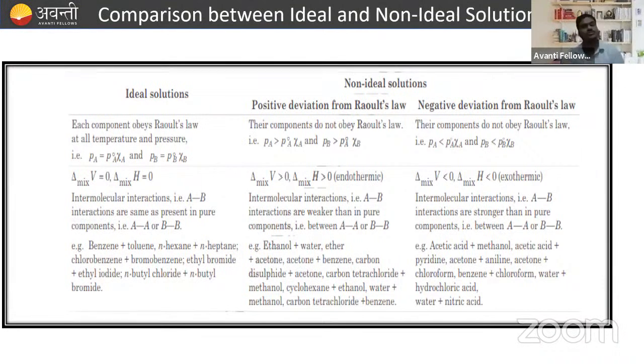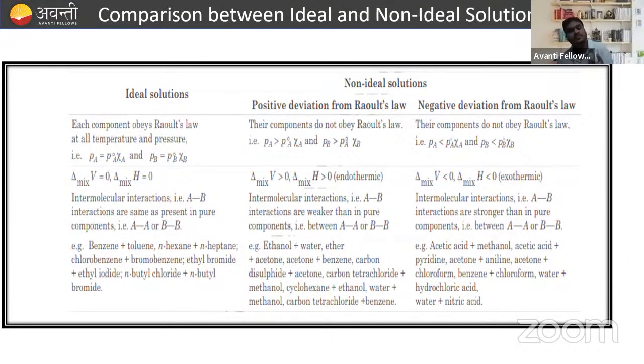Similarly, a non-ideal solution does not obey Raoult's law. If they do not obey Raoult's law, then what happens? Either it shows deviation more than what we expected or less than what we would expect from Raoult's law. On this basis, we further classify non-ideal solutions into two types, positive deviation and negative deviation.